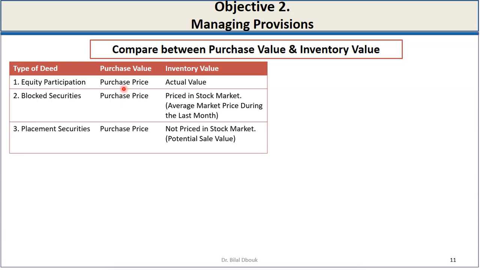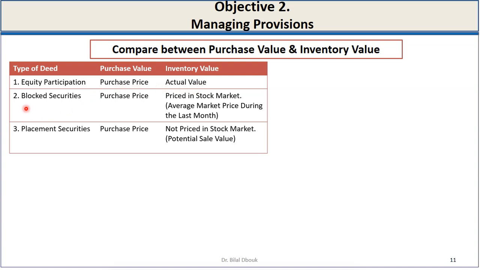So we compare between the purchase price of equity participation and the inventory value represented by the actual value of equity participations. So when we have participations or shares in another company, their actual value according to the deed that represents our share in this company represents the actual value. So we compare between the purchase price and the actual value.